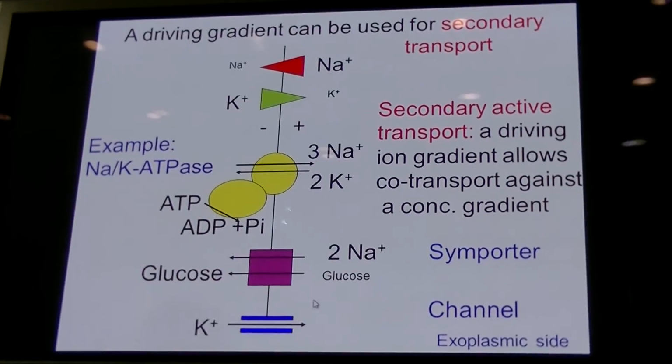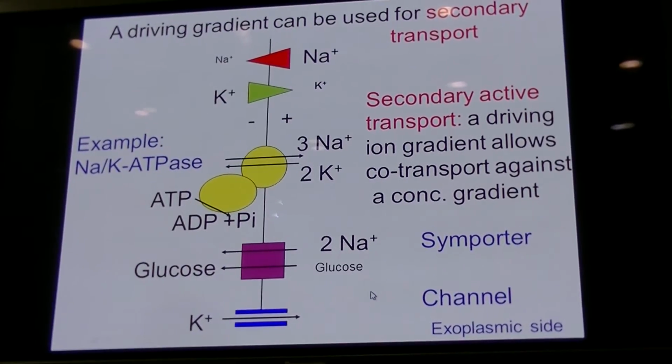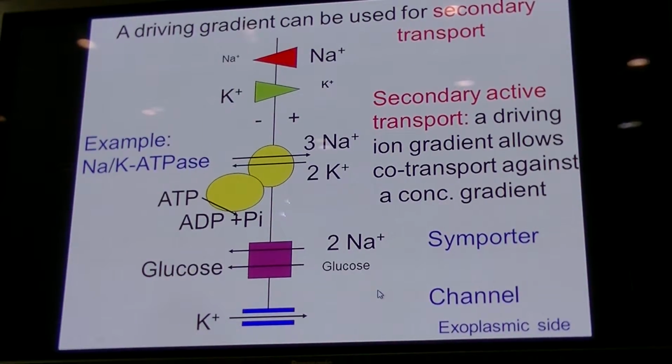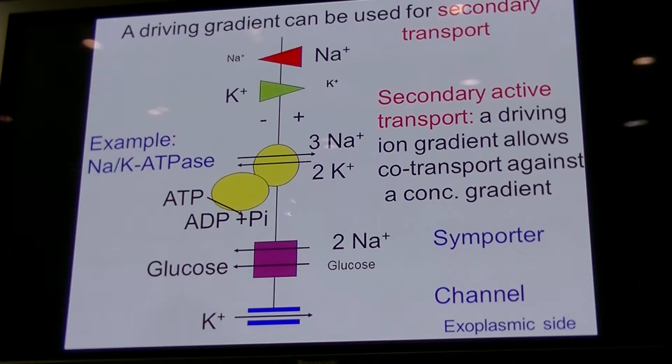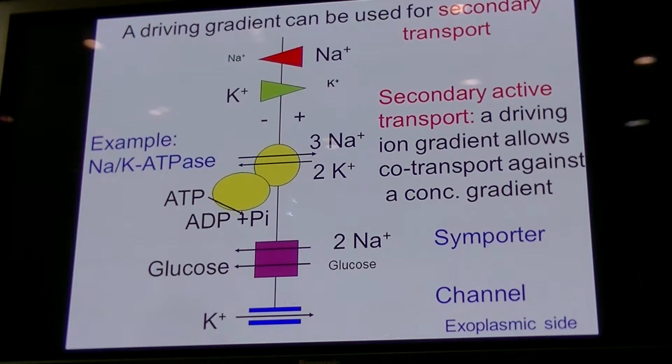So we have a potassium concentration gradient. Potassium flows out, adding to the membrane potential, up to the point that that effective charge balances the effective concentration. That is our resting membrane potential.